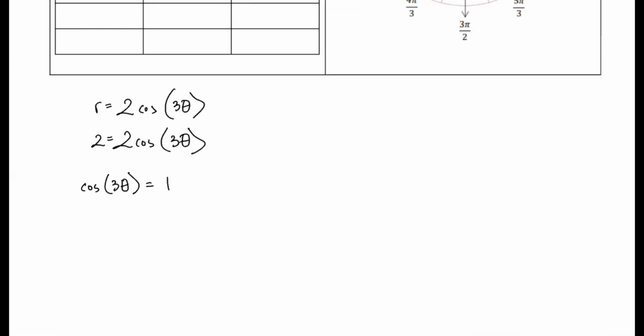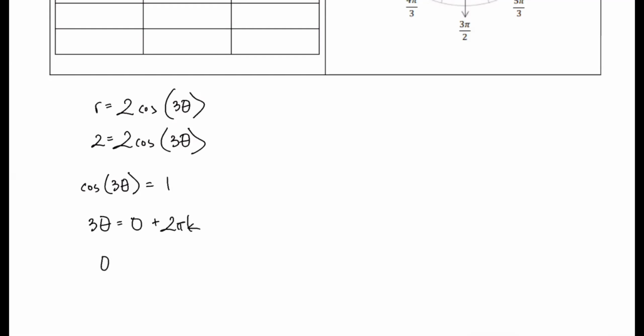Now we're going to leverage our general solution to help us find the solution. Okay. So what we know is that 3 theta is going to be 0 plus 2 pi k, because every time around the circle is everywhere cosine equals 1. Okay.